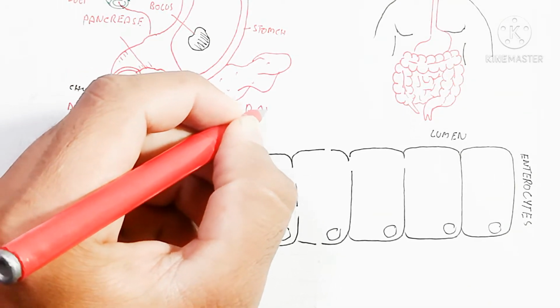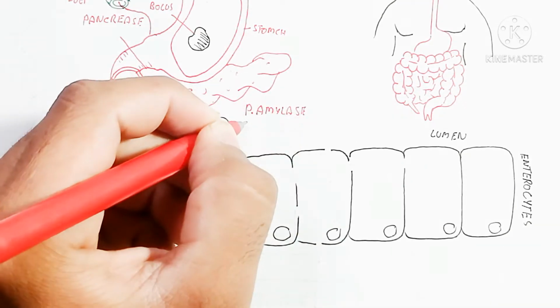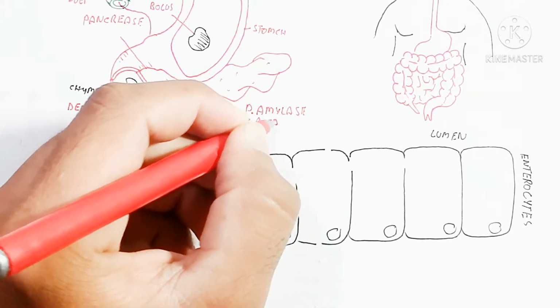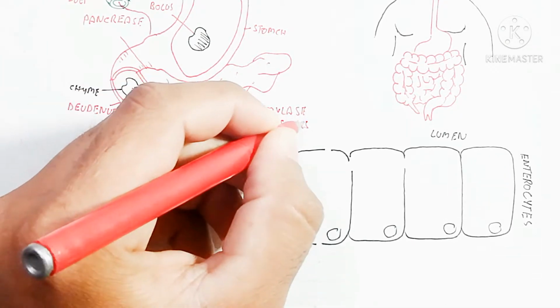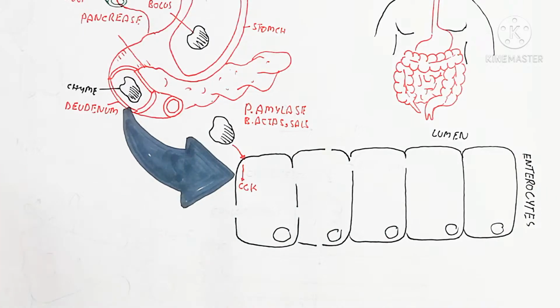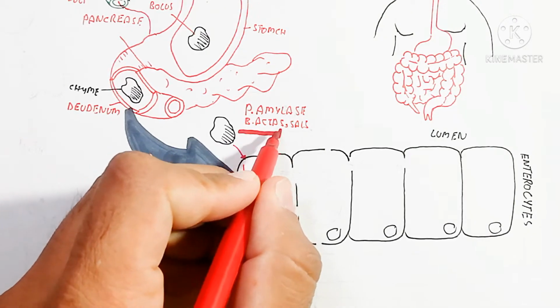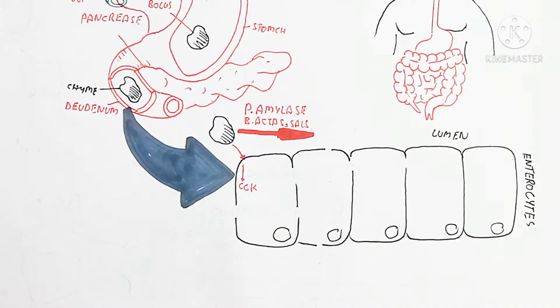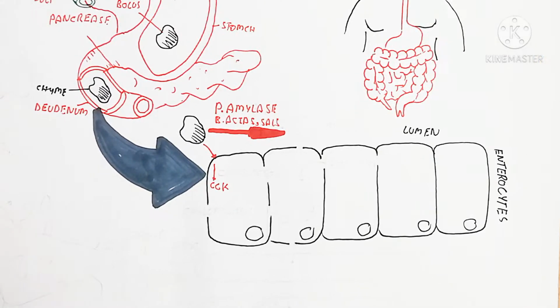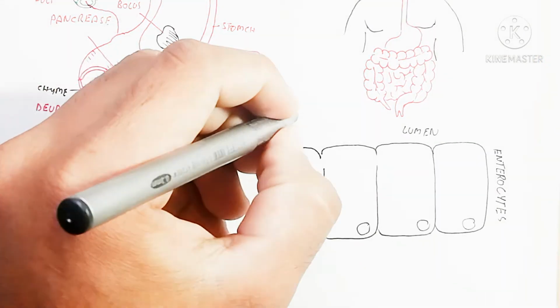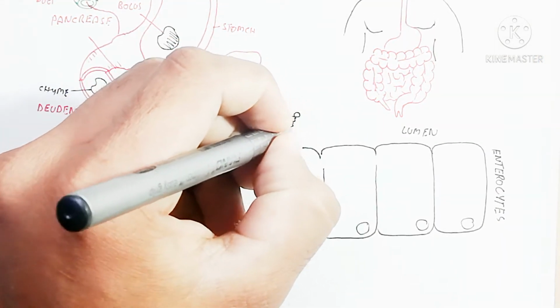Here is CCK, which contracts the gallbladder to excrete; it is the stimulus of the fat. When fat enters the duodenum, the stimulation of bile contraction occurs by CCK.